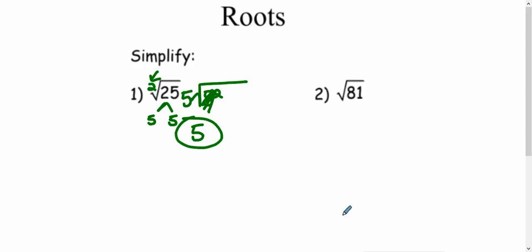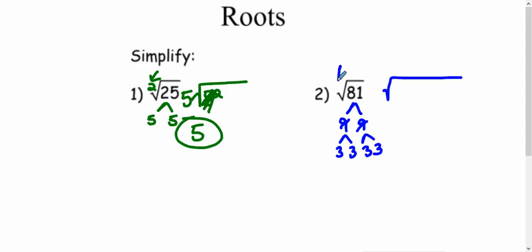Let's try that with a different number. If I break down 81, I have 9 times 9, and I also know that 9 breaks down to 3 times 3. So if I were to write this with my prime factors back inside, what exponent do I want to use based on my index? My index is 2. So I'm going to create groups of 2 so I can write everything to the second power.